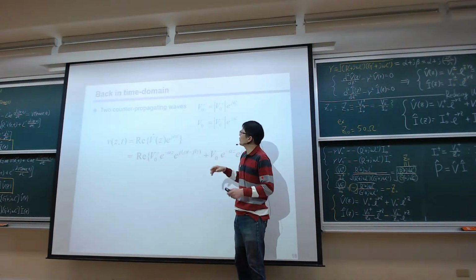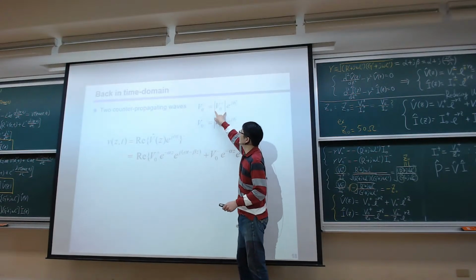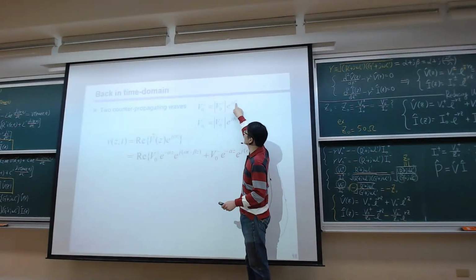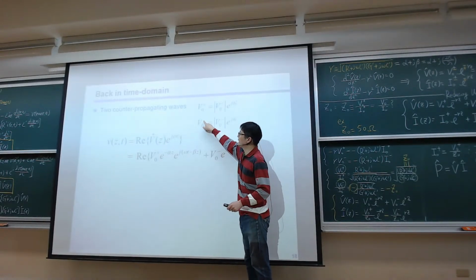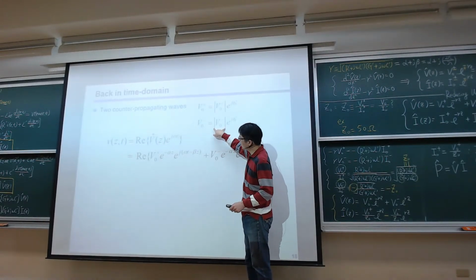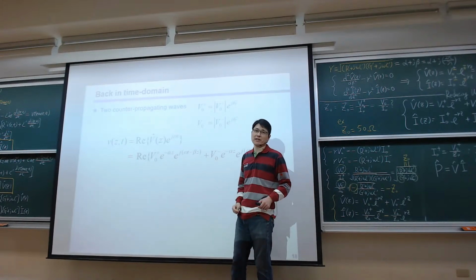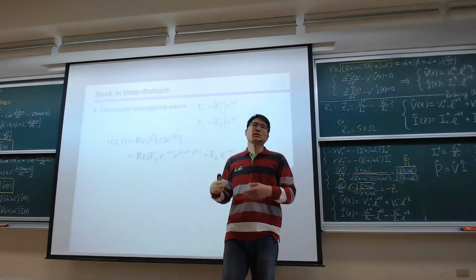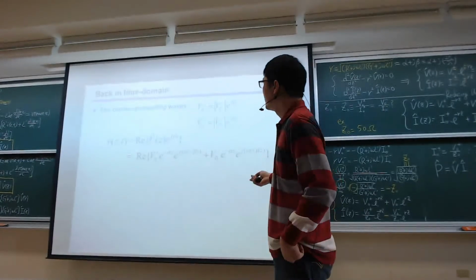So I can write V0 plus as having some amplitude and its own phase, and V0 minus as having its own amplitude and its own phase. I substitute that back into the time domain. Eventually, this is what you have.